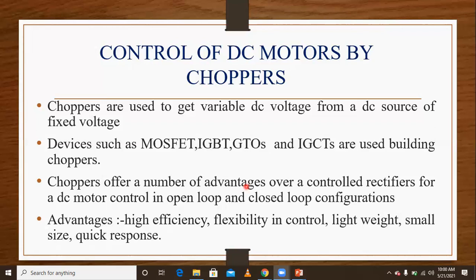The operation of these devices at high frequency improves motor performance by reducing the current ripples. We know well that the current ripple is inversely proportional to the frequency.